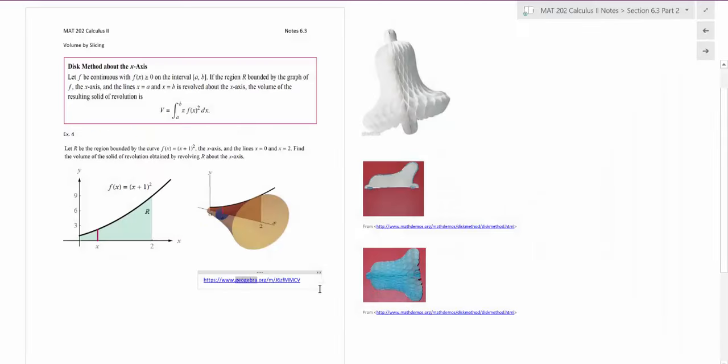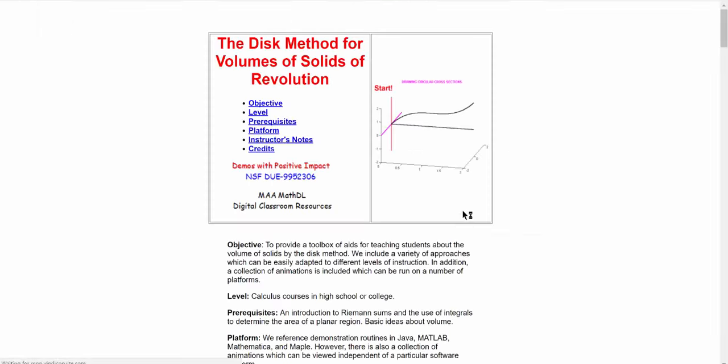Okay. Now if I go back here, here's another little demonstration that I found. I'm going to open up this website, and if you watch this thing, this is showing how you're revolving some sort of a function, and you're getting circles. Now all of these circles represent what we call disks, and we're getting some sort of a shape that to me looks a lot like a bell again.